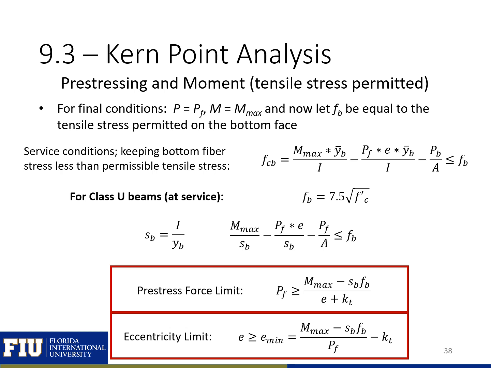And here we're looking at our stresses in our bottom fiber or bottom face, and these typically control at service. So our stress limit that we would add in is our stress limit at service, which is 7.5 times the square root of F prime C in ACI.